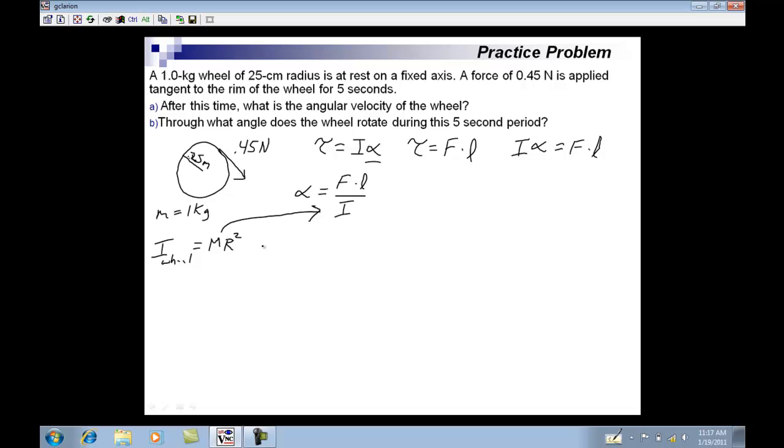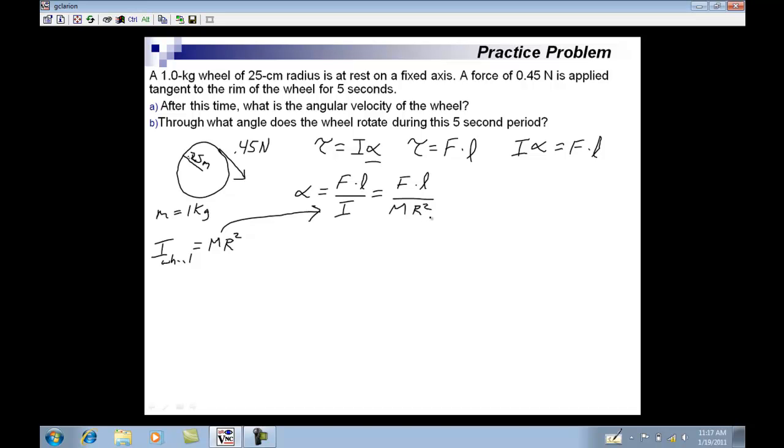Generally speaking, the inertia for the particular object is given to you as part of the question as well. So I plug my values in: I get F times my lever arm, divided by m times r squared, which is my radius squared.